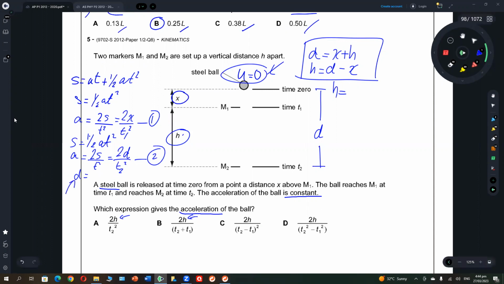I want to put D there, so I need a value for D. The first equation times t2 square, a t2 square upon 2. Is it right? In place of D, I'm writing a t2 square upon 2. Yes.